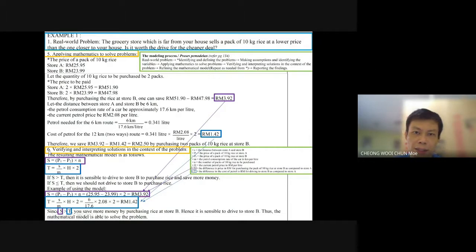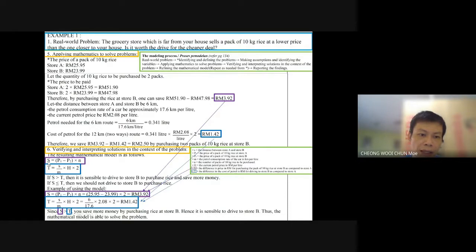After applying mathematics to solve the problem, we come to verifying and interpreting solutions in the context of the problem. We verify it and then interpret it by creating a formula based on the calculation.